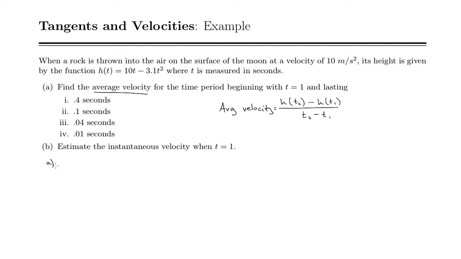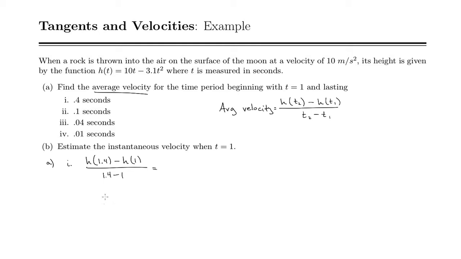So for part A, we'll do that for these different time intervals. For the first one, we'll start with h of, now our time period begins with time t equals 1 and lasts 0.4 seconds. So we'll have a 1.4 and then minus h of 1 over 1.4 minus 1.